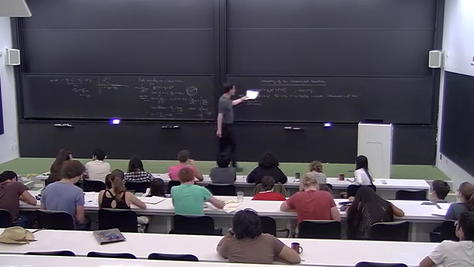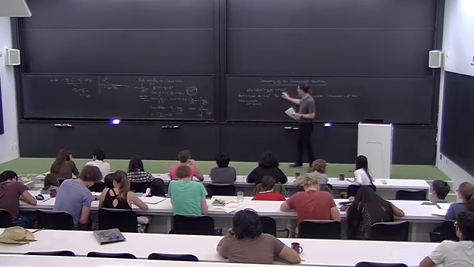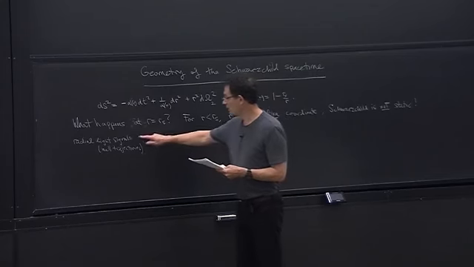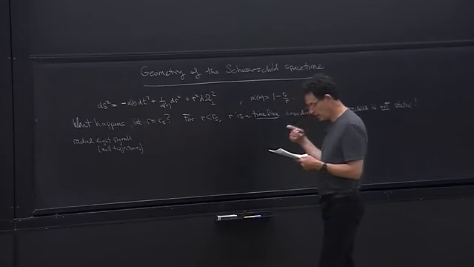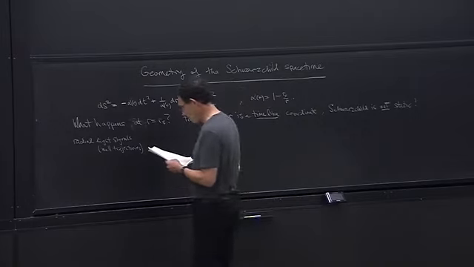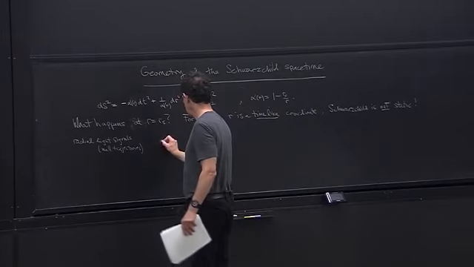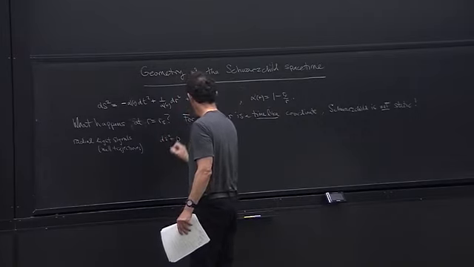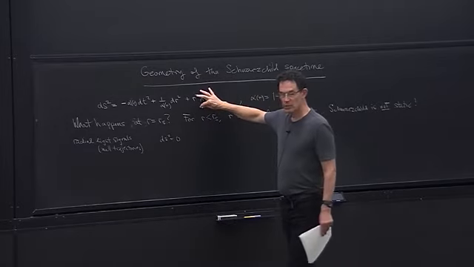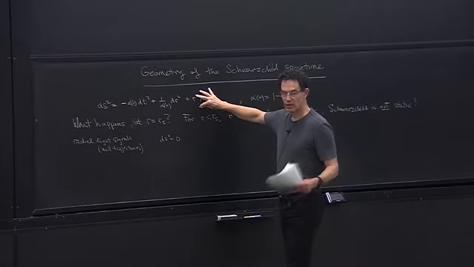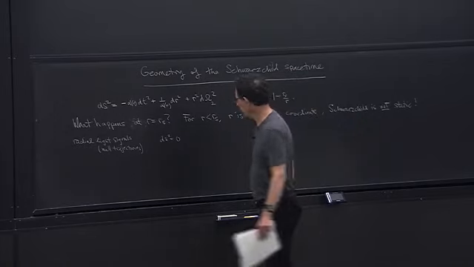That was the thinking that led to the understanding of what this metric actually means. So we just think about radial light rays. And so they satisfy ds squared equals 0. We just ignore this part of the metric because d theta and d phi are 0 if you're moving radially.